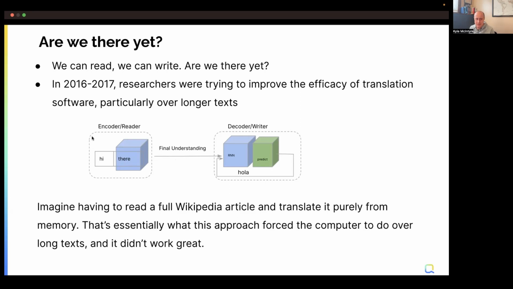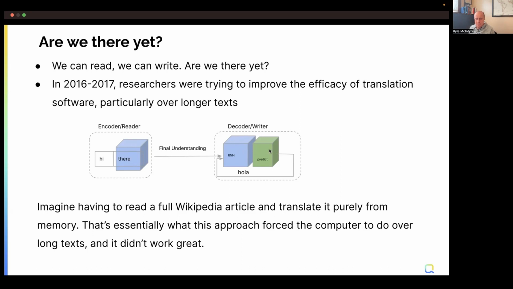So you'd have this side called the encoder or the reader, and you'd pass your source text through that. This blue box could have been an RNN. And then once you'd read the source text, you had a vector of understanding. Well, you'd pass that all the way over to a similar architecture called the decoder or the writer.